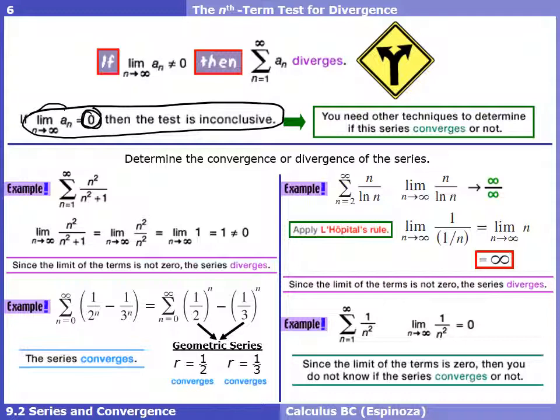Since the limit of these terms is 0, we don't know if the series converges or diverges. There's just not enough info, but the keyword is yet. We'll be able to figure this one out soon enough, but for now, we're just going to say we don't know if it converges or if it diverges.